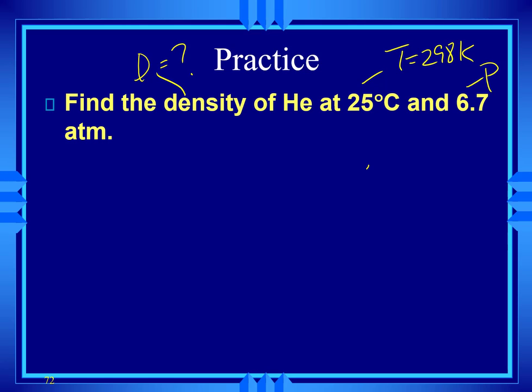The equation I know that has density, temperature, and pressure in it is molar mass equals dRT over P. And I'm tired of writing molar mass out, so I am just going to make molar mass a big script M.